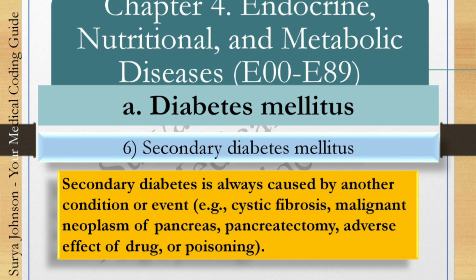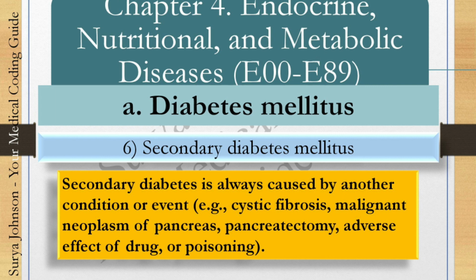For example, cystic fibrosis, malignant neoplasm of pancreas, or the patient had a pancreatectomy already. Then there are some adverse effects of drugs or poisoning. In this scenario, these conditions or events led to diabetes because the patient's pancreas cannot secrete insulin. So in this scenario, it is called secondary diabetes.